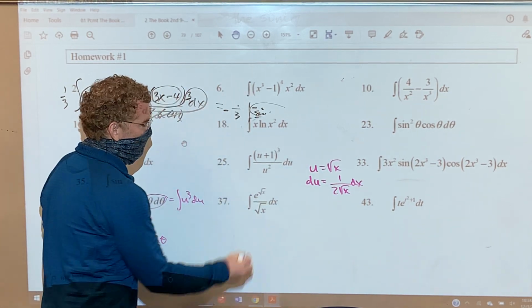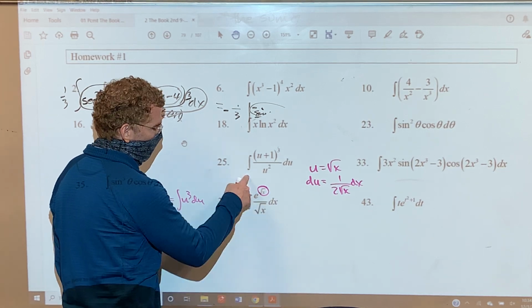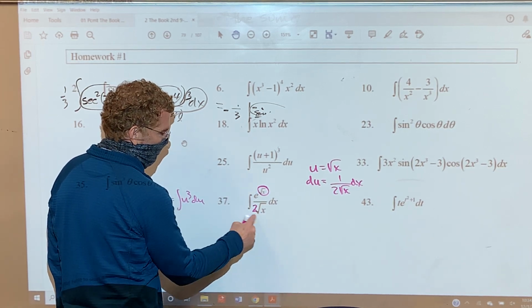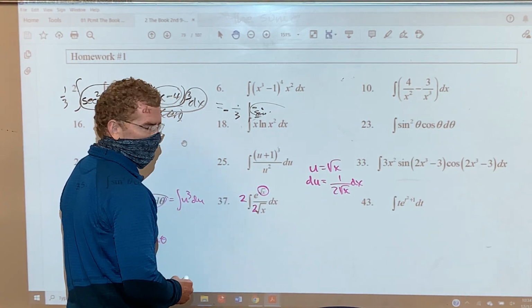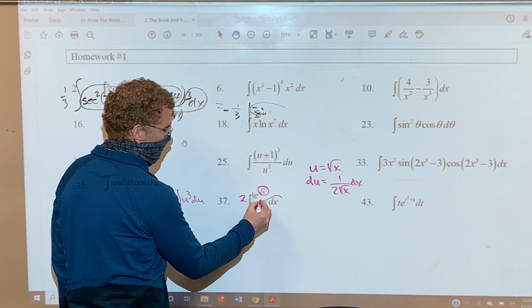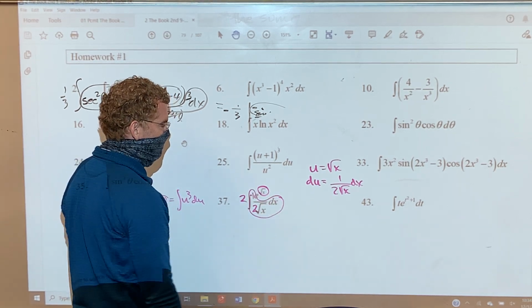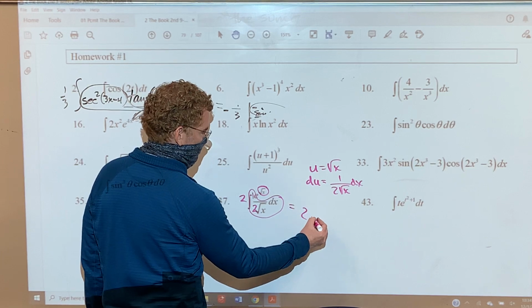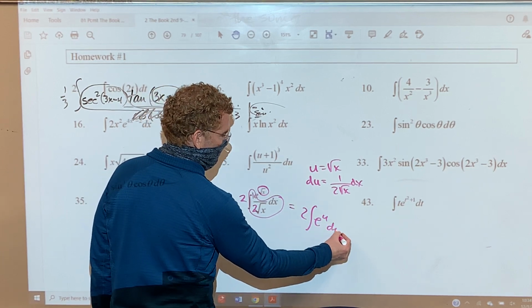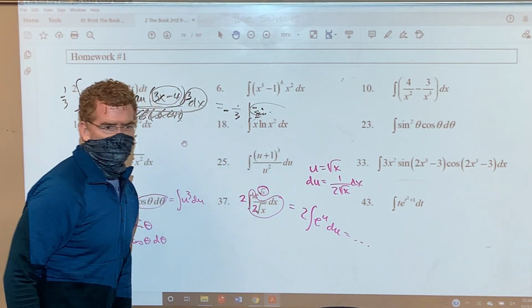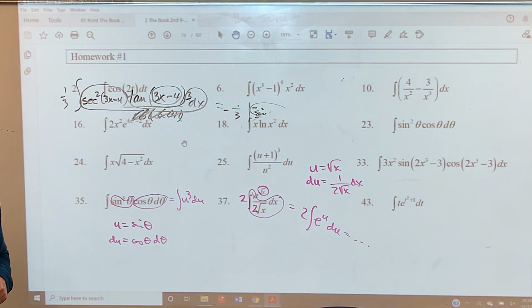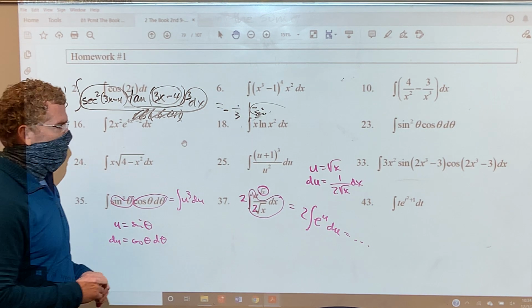That makes it easier, right? U, and then 1 over double it on the bottom. Oh, that one is kind of tricky. So 1 over 2 root x dx. Yeah. So 2 integral e to the u du. And then you're on your way.